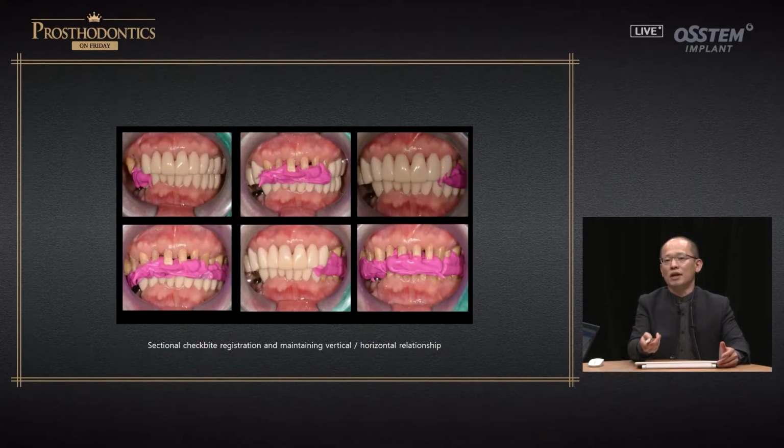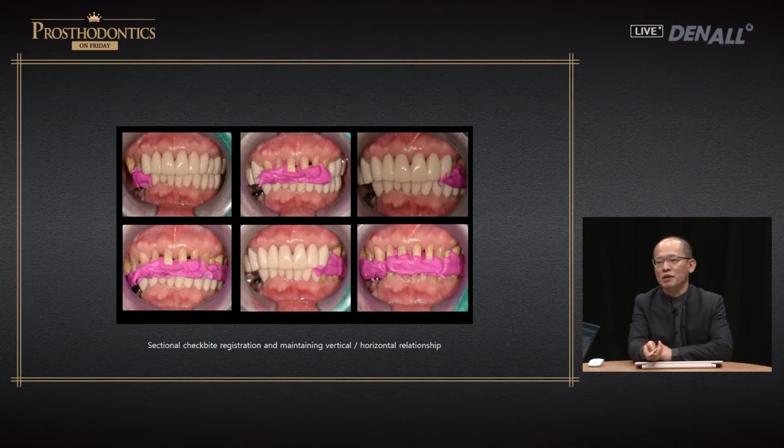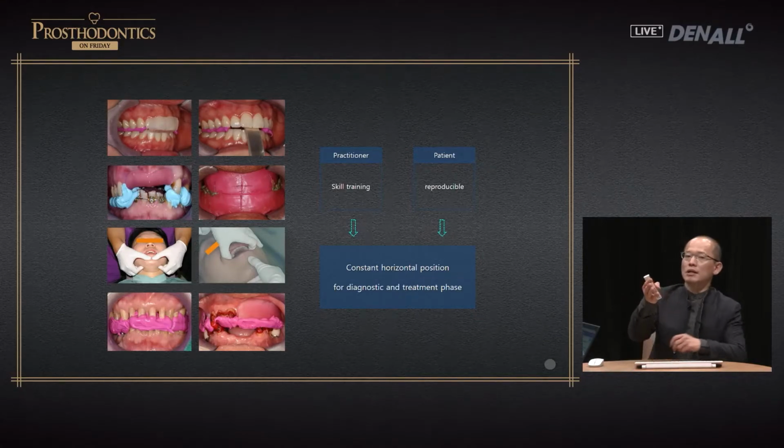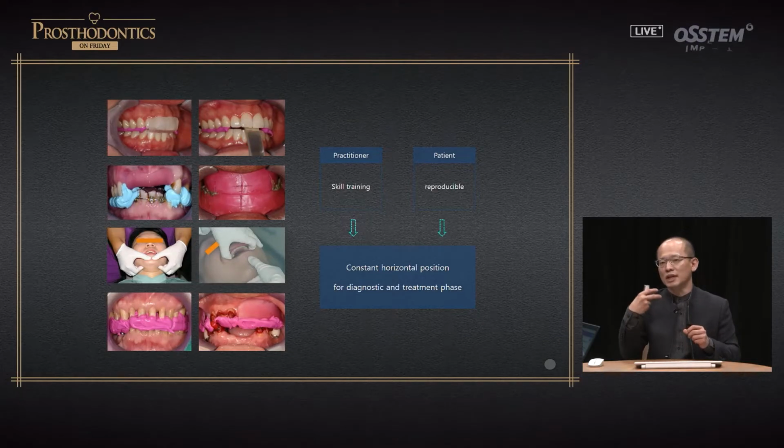Now, this is temporization, and in sectional full mouth cases the bites always change, and it's how you go to the next step. In CR record, as I said before, the practitioner needs to train the skill. It looks simple, but it needs to be consistent, always the same for the patient.